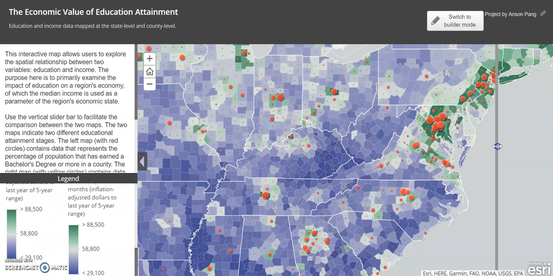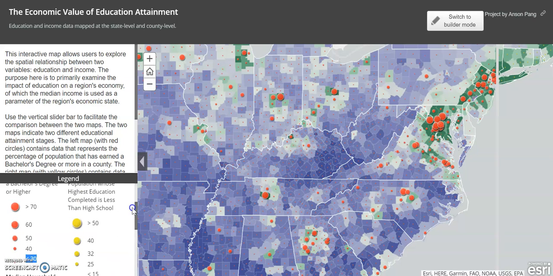So on the left map, I've mapped one type of educational attainment. The red circles here indicate the percentage of a population of a county that has achieved at least a bachelor's degree. As we can see, the largest circles depict that over 70% of the population in that county has a bachelor's degree or more.